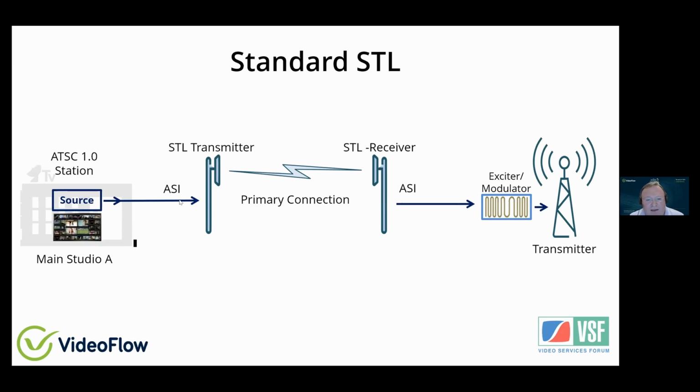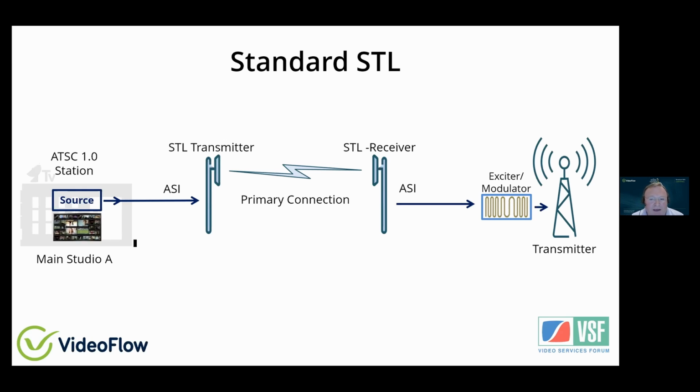They have an ASI or 310M signal going to a microwave transmitter, receiving that feed, transmitted over long distance to a receiver. Then it outputs as an ASI to an exciter and then to an 8VSB transmitter. That is the traditional STL that was deployed in the last 20 or so years.